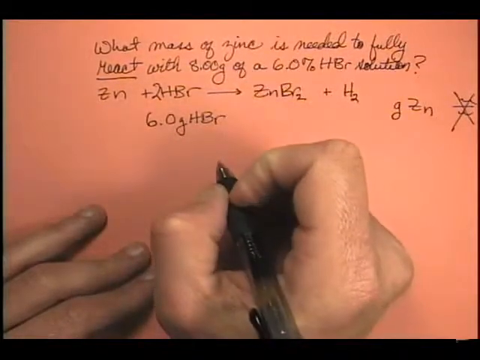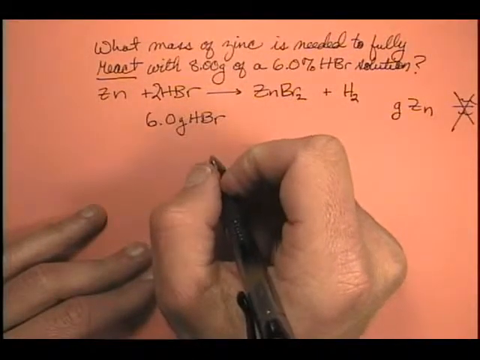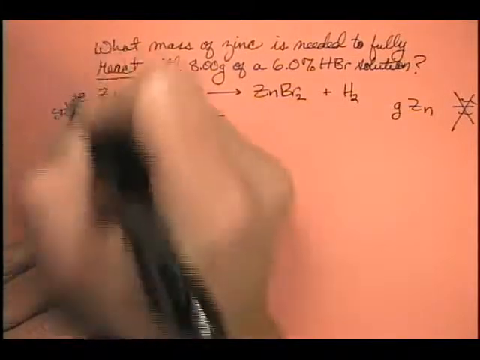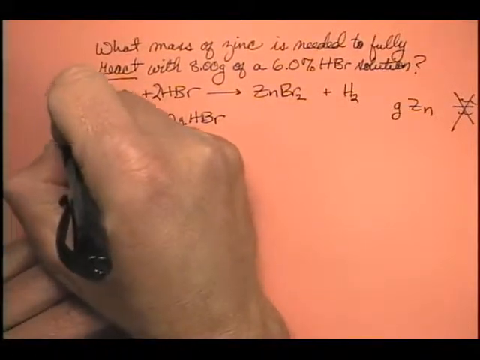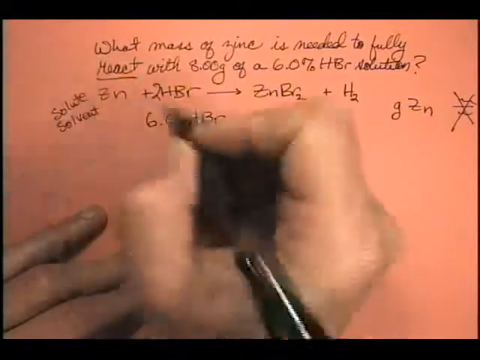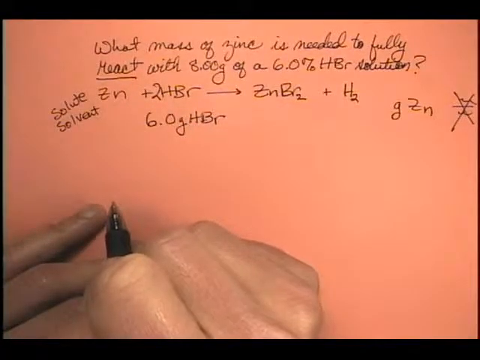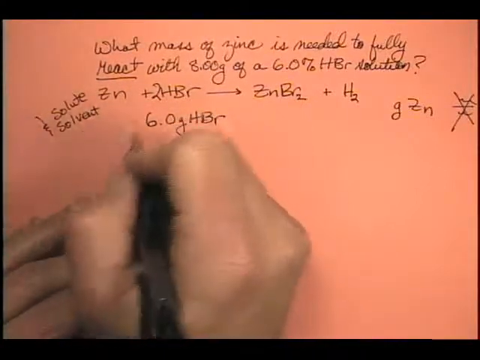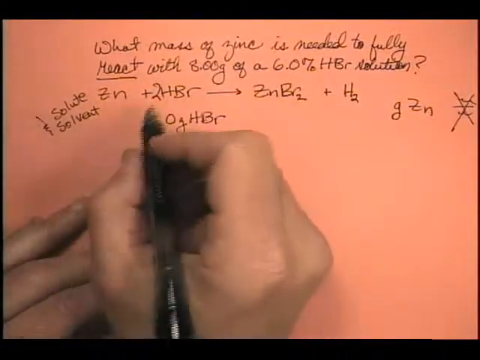Remember, there's 2 parts to every solution. There's the solute and the solvent. Well, in this case, the solute is HBr. Okay. The solvent is water. It doesn't say that, but it is.